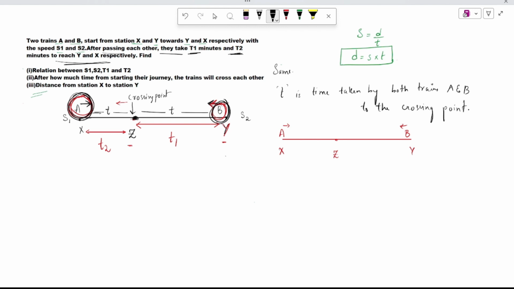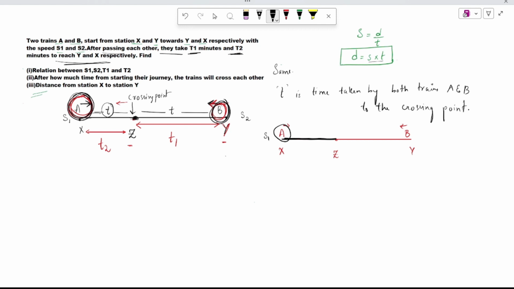See now, time t means train A took time t to travel to the crossing point. So this distance from X to Z, traveled by A, we have to express in speed and time.